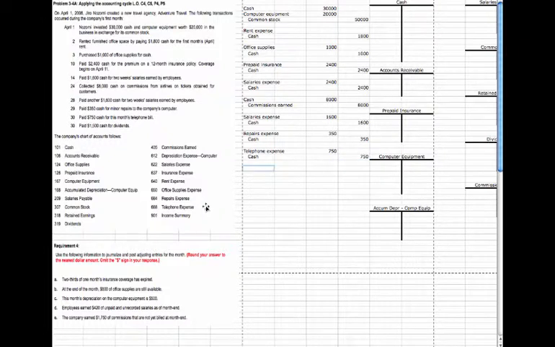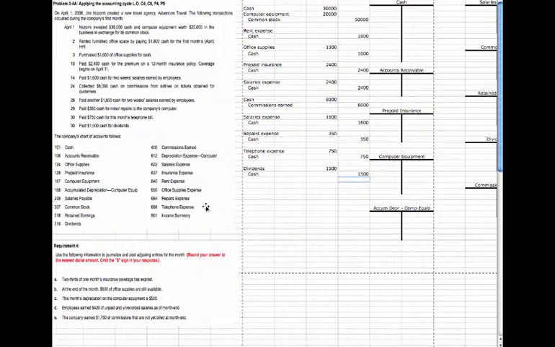And then we're going to go over here. The last one, we paid $1,500 cash for dividends. So dividends increase with debits. So we're going to go over here and put $1,500 in the dividends. And we paid cash for it, so we're going to decrease cash by $1,500.